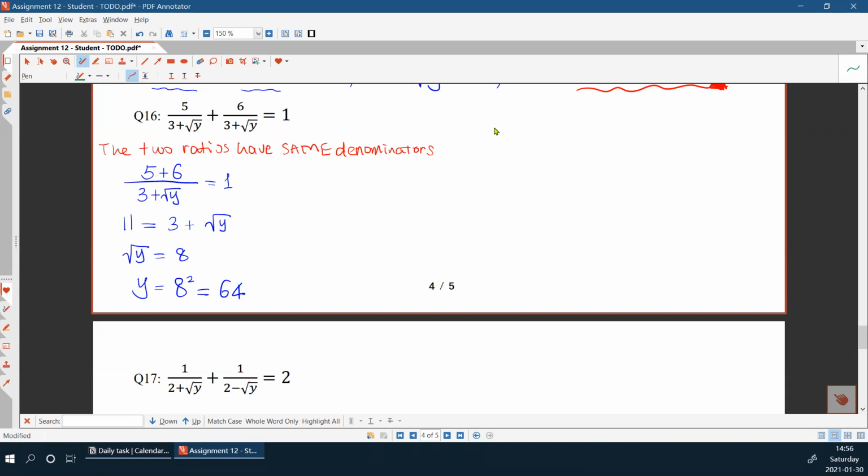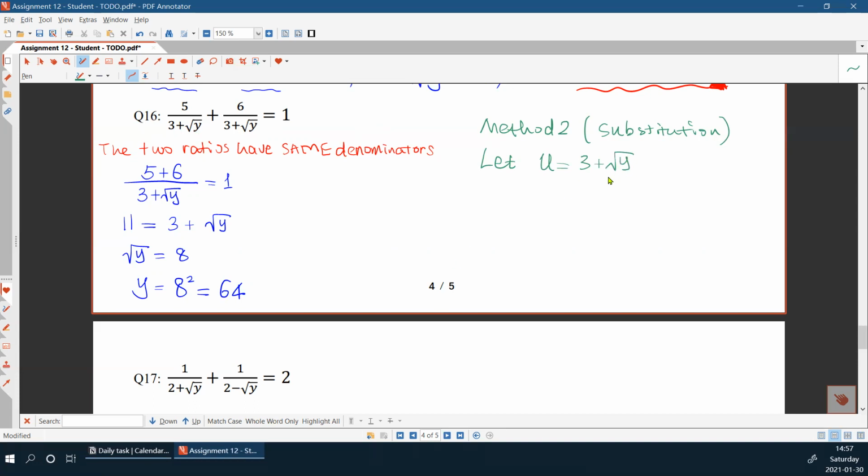Okay, again, if this is not so obvious to you, you can use the substitution method. Okay, method 2. Substitution. Okay, we can use a letter U to substitute 3 plus square root of y, right?